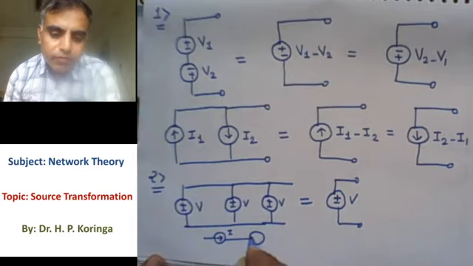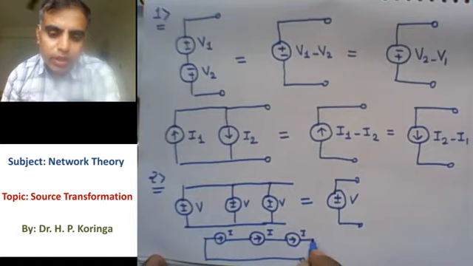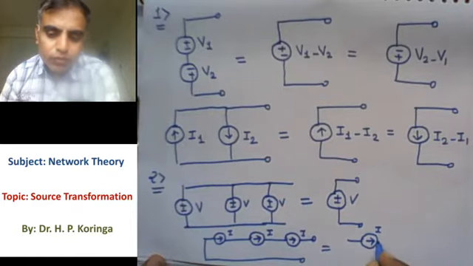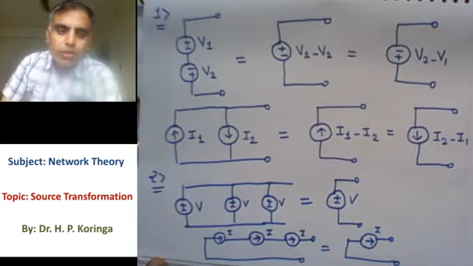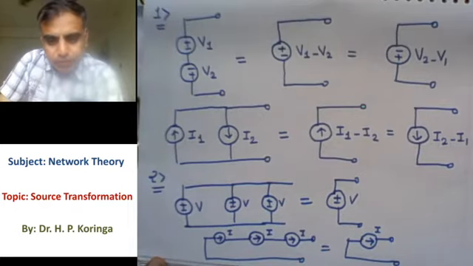If two or more than two current sources are connected in series, the current is the same, so they can be replaced by a single current source with value I, right?